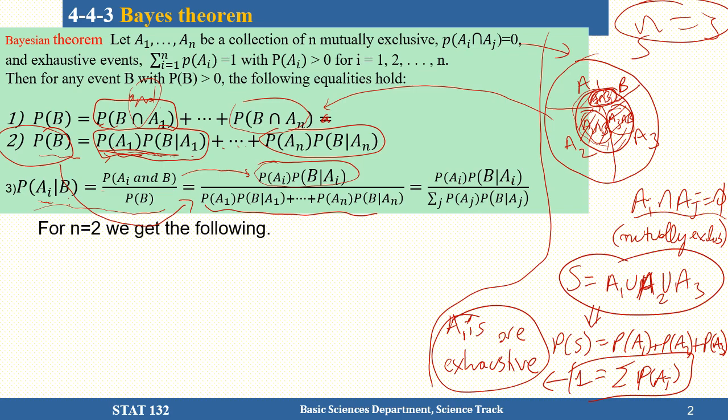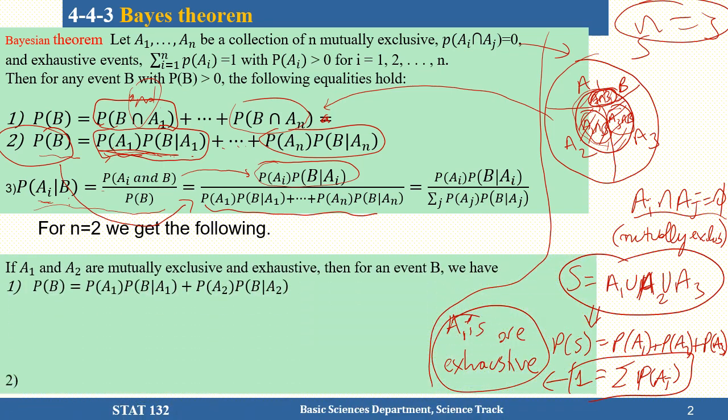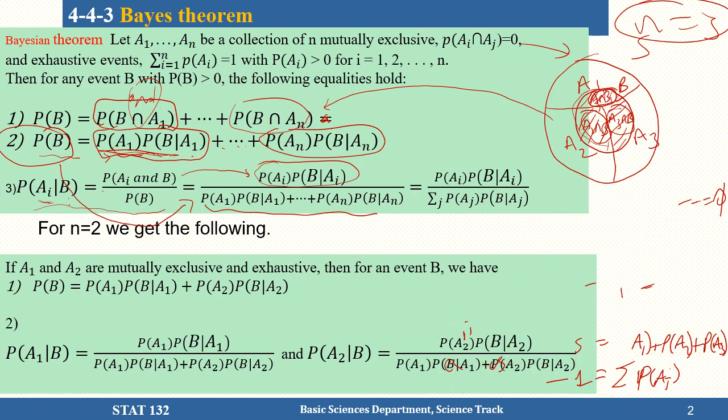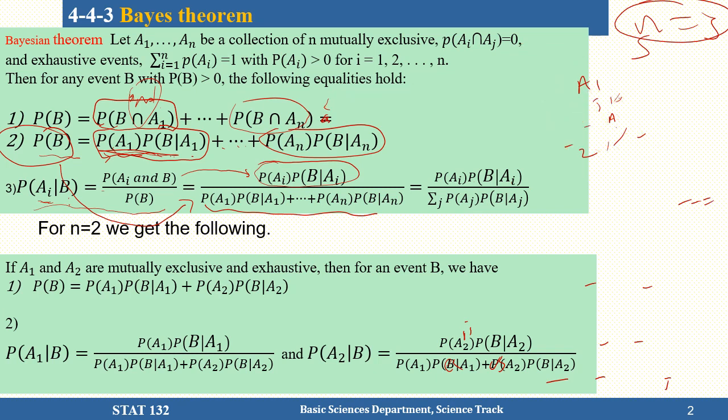So if we take n equal to 2, we'll get the following Bayesian rule. If A1 and A2 are mutually exclusive and exhaustive, then the probability of B can be written as the probability of A1 times the probability of B given A1, plus the probability of A2 times the probability of B given A2.